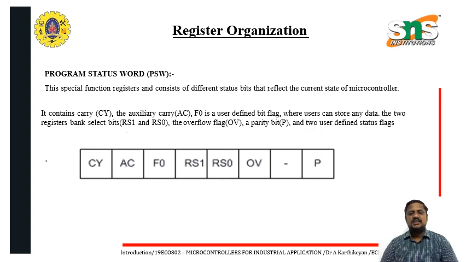The overflow flag OV is also used, and the parity bit P, with value 0 or 1, indicates parity. These are CY, AC, F0, RS1, RS0, OV, and P, all part of the program status word used here.